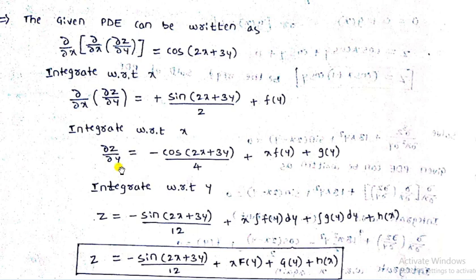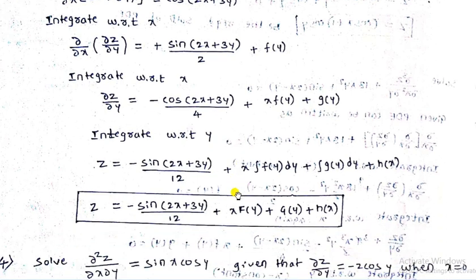And lastly integrate with respect to y. So del z by del y becomes z. Integration of cos is minus sin of (2x plus 3y), and the coefficient of y is 3. So 4 into 3, 12, plus x into integration of f of y with respect to y, and integration of g of y dy, plus we write the arbitrary constant h of x here because we integrated with respect to y.